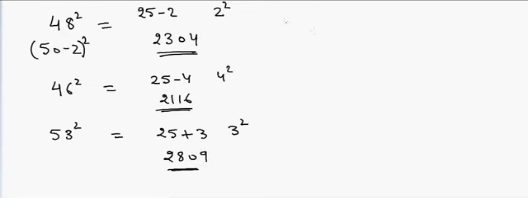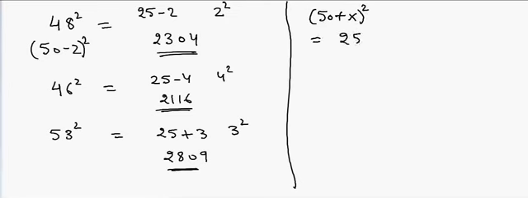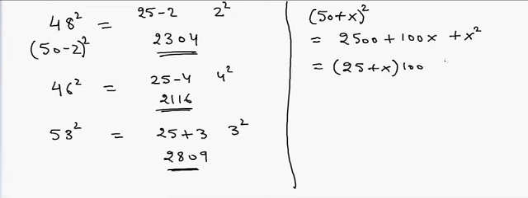How this trick works, so let's look at the left side. If we have something close to 50, it can be written as 50 plus x square, and 50 plus x square can be written as 2500 plus 100x plus x square, or that will be equal to 25 plus x into 100 plus x square.